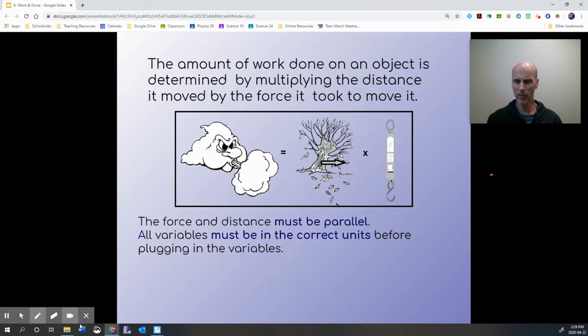Imagine, for example, if we have a block of wood that's on the surface, like on the floor, and then we come along and push on this thing. We could push on it and exert a force that is exactly in the same direction as the distance it travels. They would be exactly horizontal.